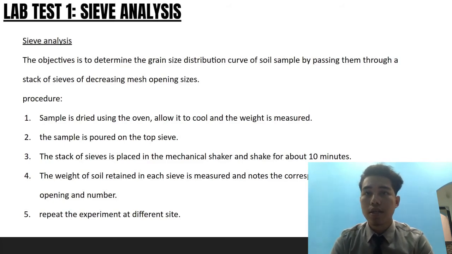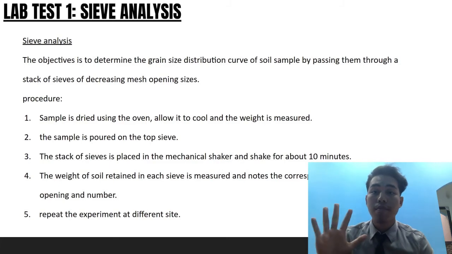First, the sample is dried using the oven, and then we weigh the soil. Second, the sample is poured on the top sieve, and third, the stack of sieves is placed in the mechanical shaker and shaken for about 10 minutes.